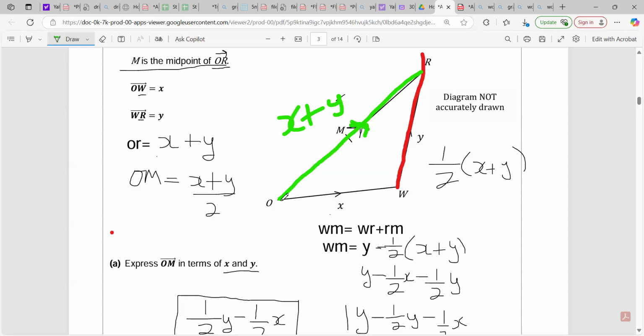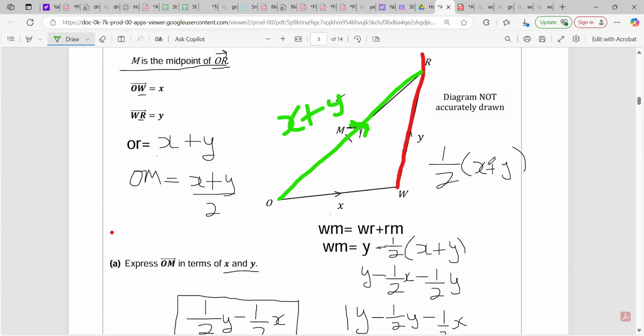If we were going the whole way, we'd just add the x plus y to this. But because we are going only halfway, we have to find half of the x plus y. And because we're going against the arrow, we have to have the negative. So once you're going against the arrow, it's going to be negative.